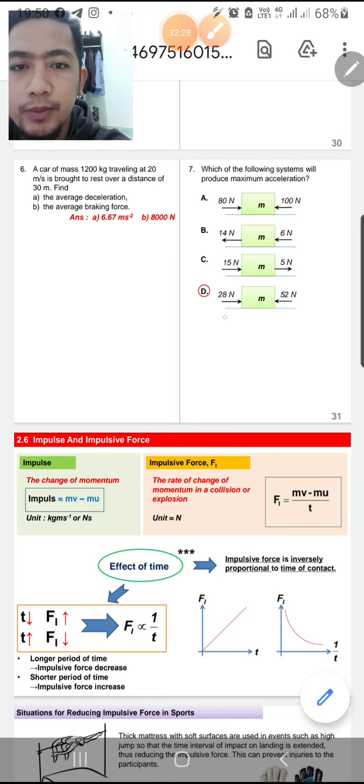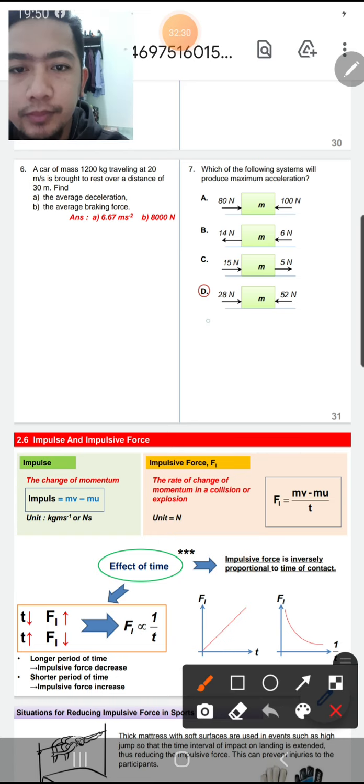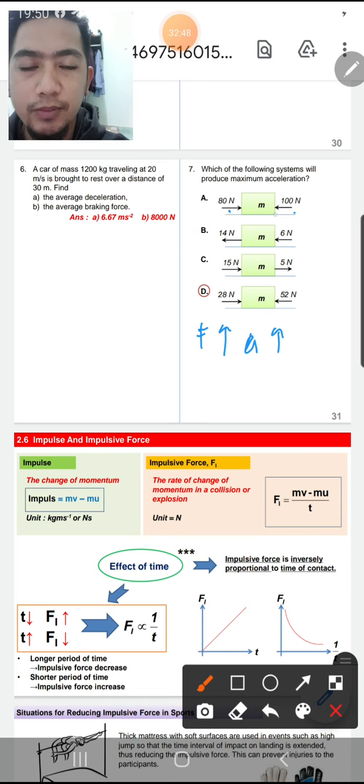For maximum acceleration, remember all of these give force, so what is the relationship between force and acceleration? They are directly proportional. When the F increases, the acceleration also increases. So the larger resultant force gives the highest acceleration. Let's say here 100 minus 80, the resultant force is 20 Newton.